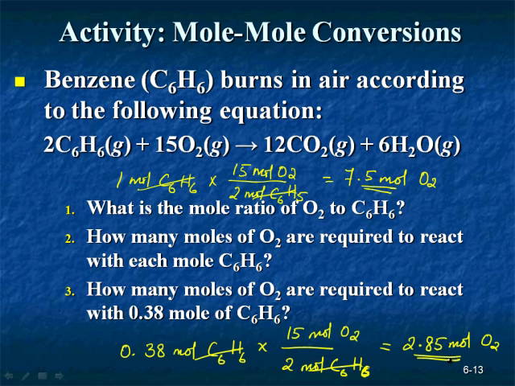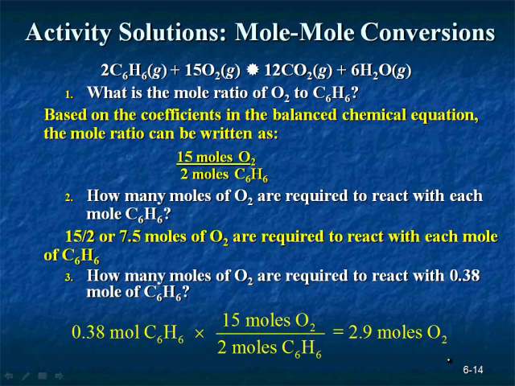That's the amount of oxygen you will require for 0.38 mole of benzene. And we are writing 2.9 moles in the answer slide because look at the 0.38. How many sig figs? Only 2. So we need to express our answer with 2 sig figs. So 2.9 moles of O2.